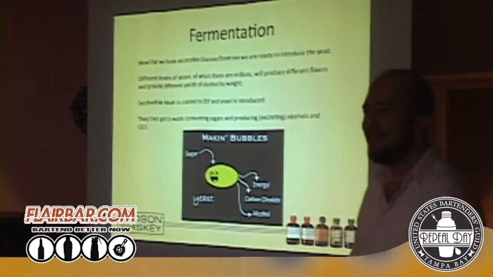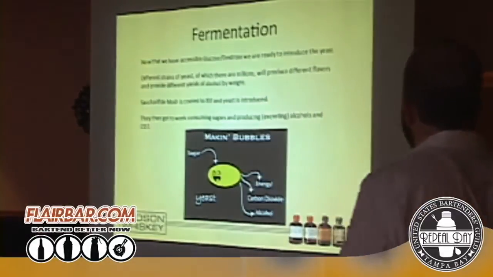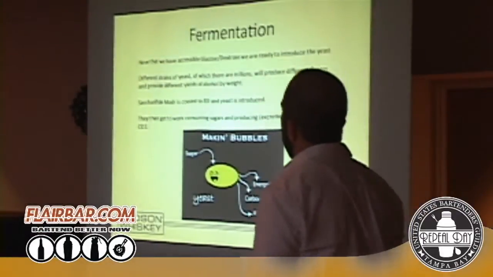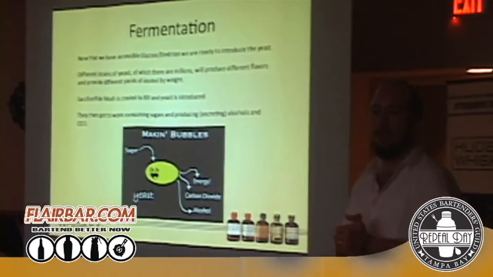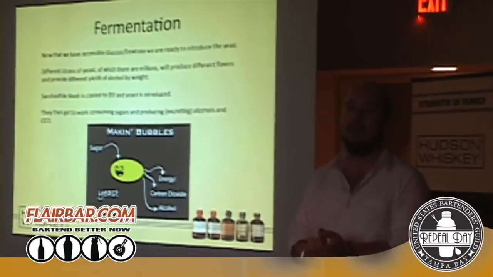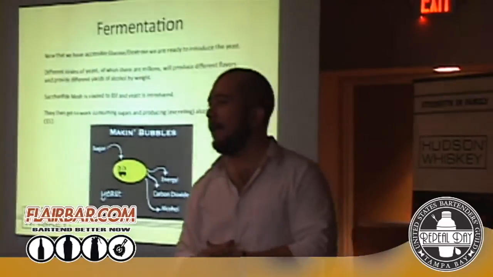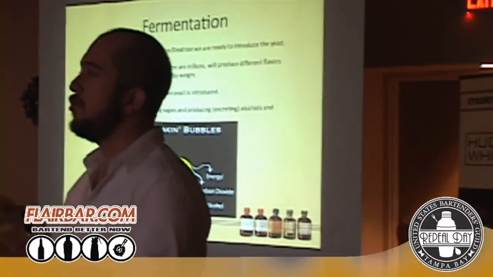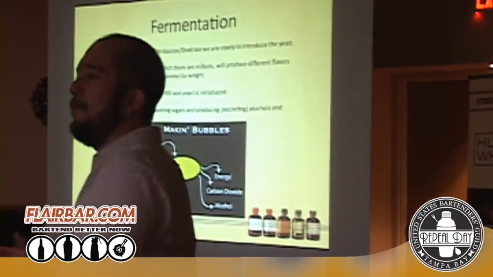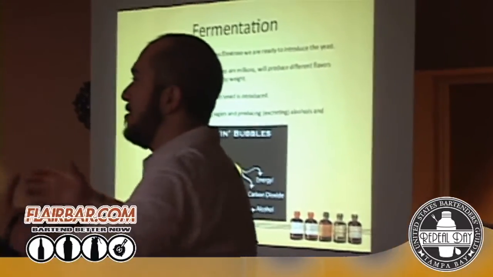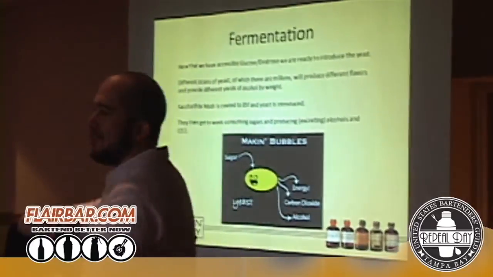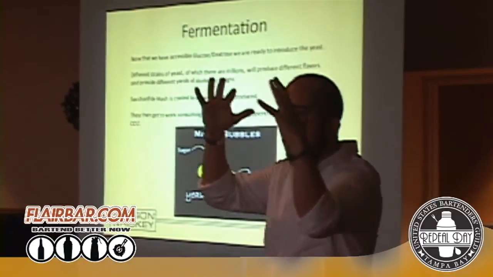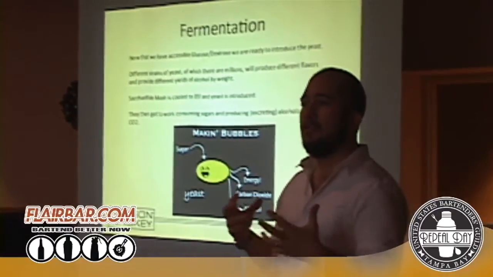Like I said, it's basically just pooping out our alcohol. So now we've got that accessible. We're going to add the yeast. For us, we start with dry yeast. We're going to activate the yeast with water. We actually introduce the mash to the yeast before we add the yeast back into the mash. So we'll start with a tub of yeast, we add a scoop of mash to it, and about 15 minutes after that, the solution starts to bubble up, and at that point we know that the yeast is active.